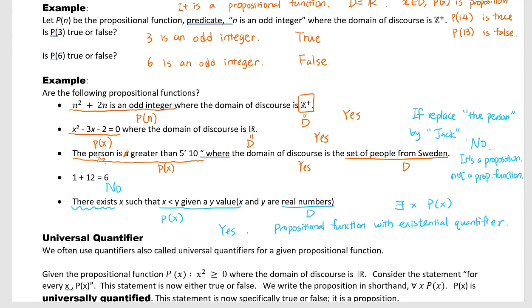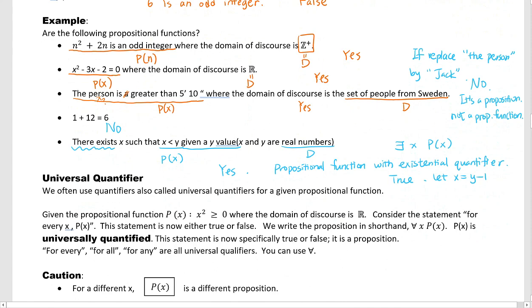Well, this is true because we can let x be y minus 1, then x is always less than y. We can do that because we just need to pick a real number which works. We will talk more today about the existential quantifier and the universal quantifier.